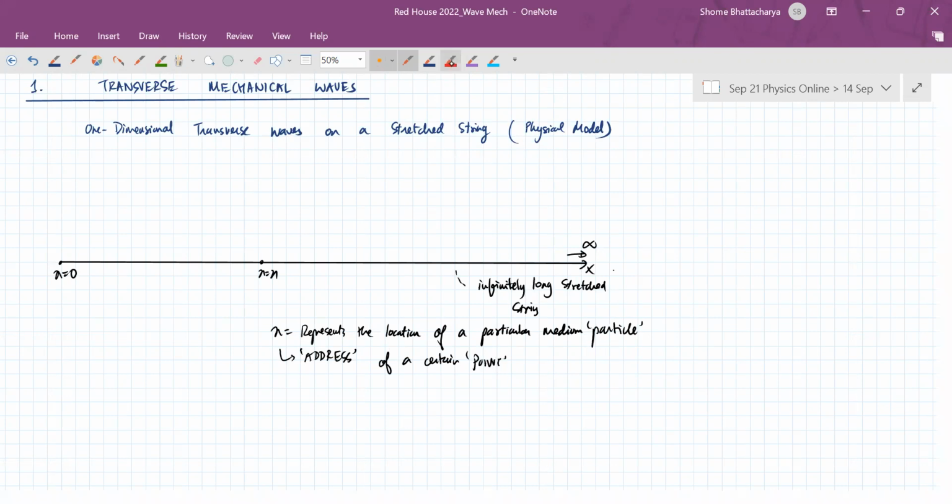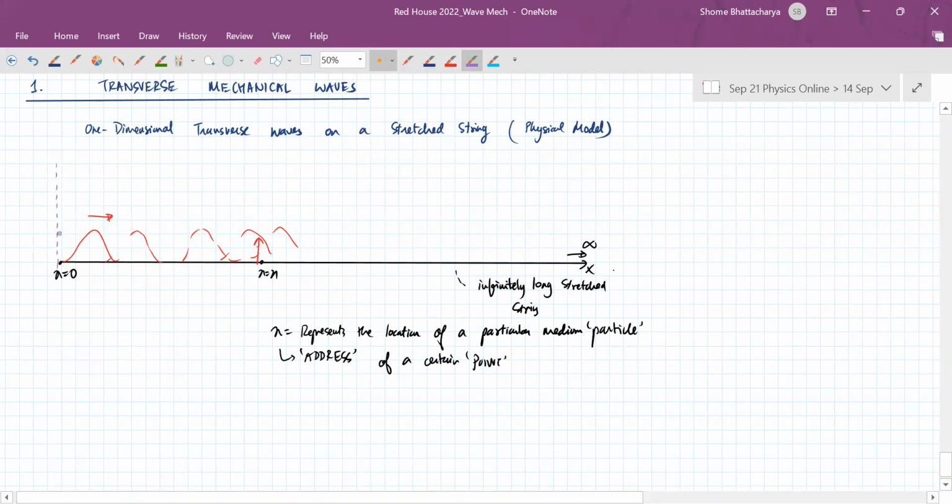Whereas as a wave is propagating through it, think of a pulse or something like this propagating through it. At any point of time, it will have a displacement like this. That displacement is along the y-axis.